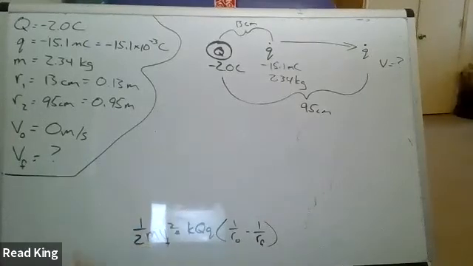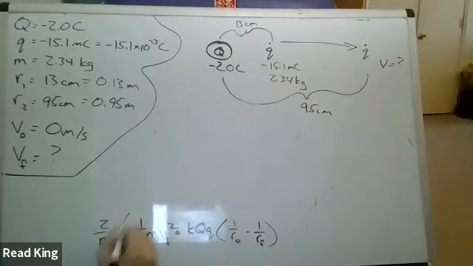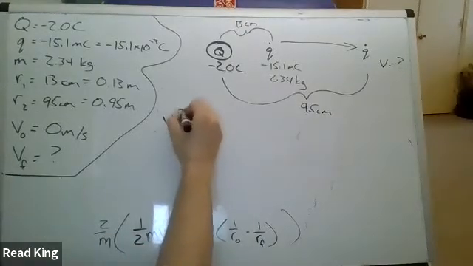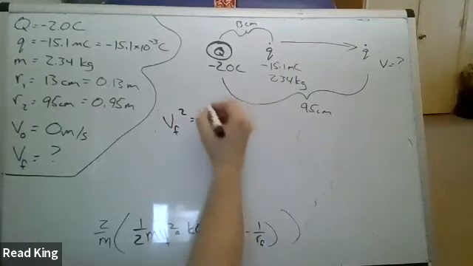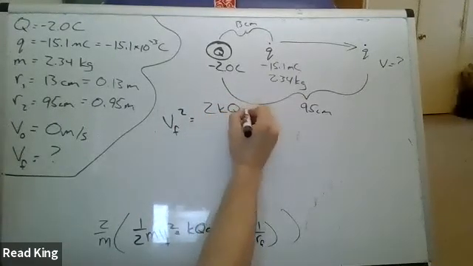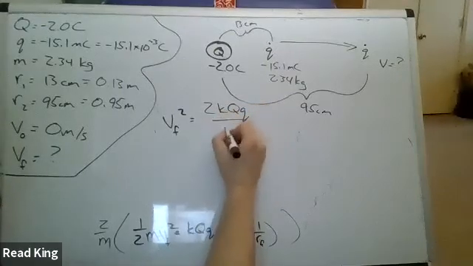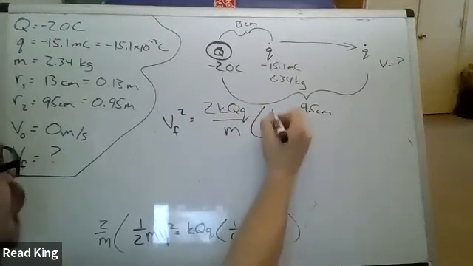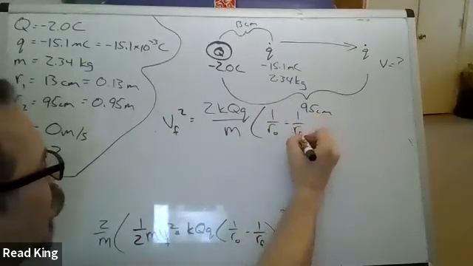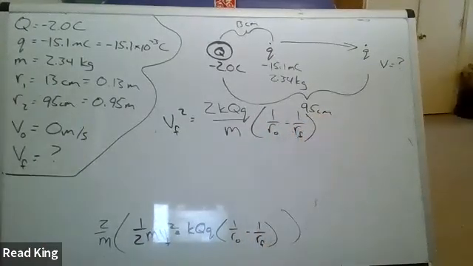So taking this, coming back up to the top, if I multiply by 2 over m on both sides, that'll cancel those. So I'll end up with V F squared is going to equal 2 k q, little q, over m times 1 over r naught minus 1 over r F. Hope everyone's following.